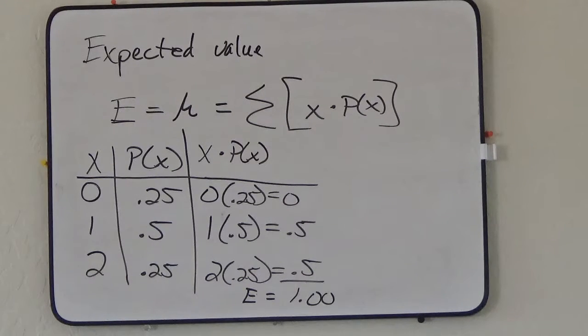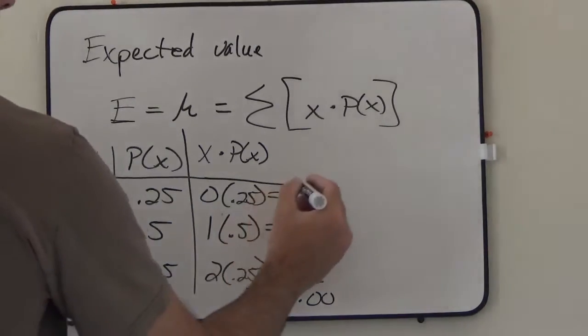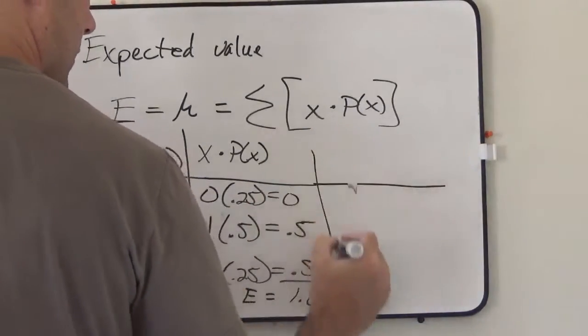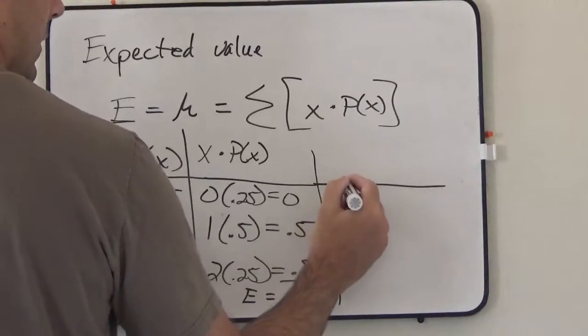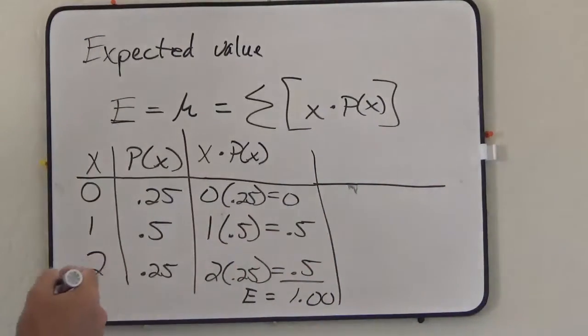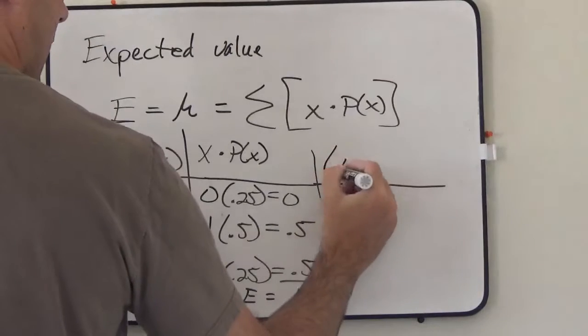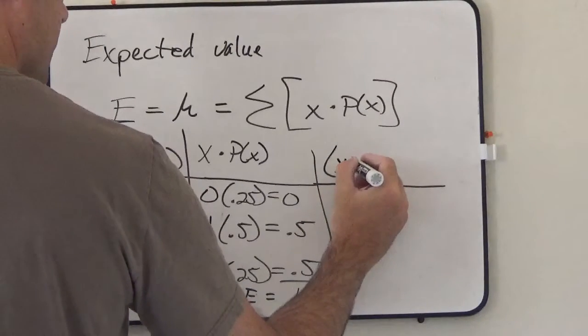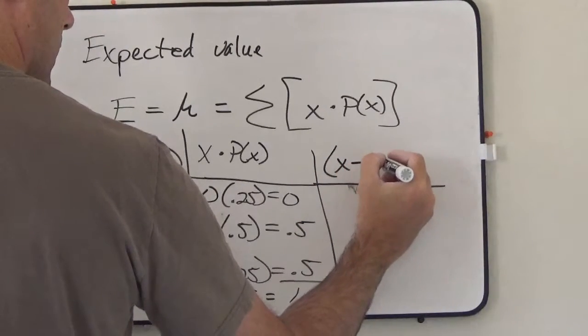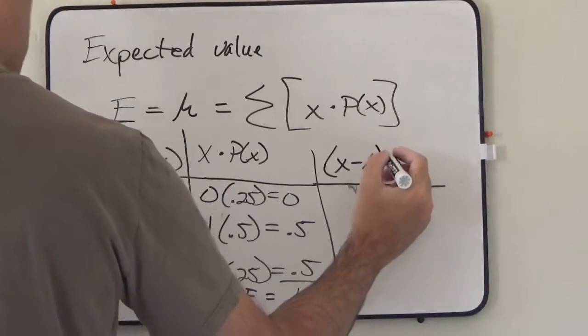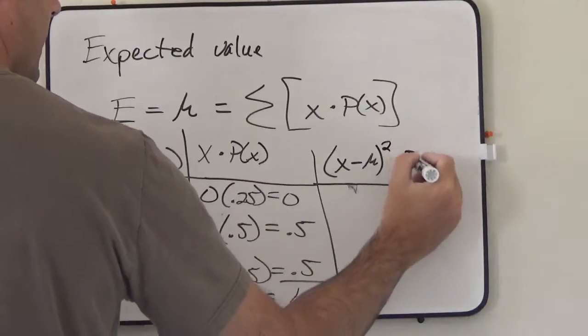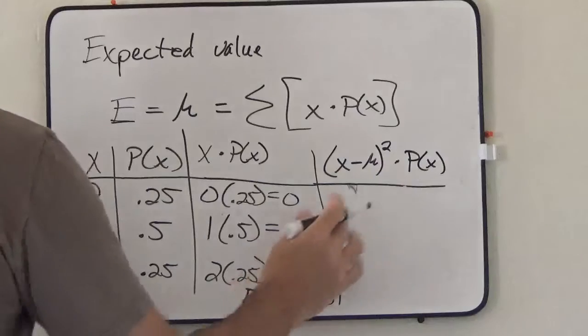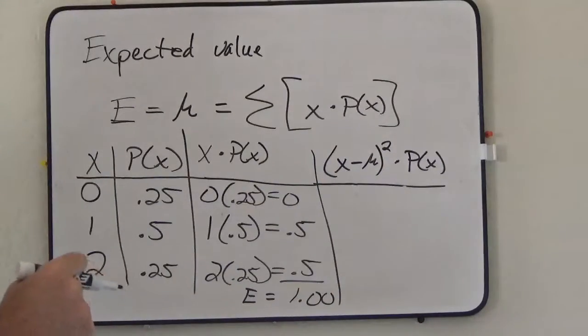Okay? Now let's find the variance and standard deviation. The way we're going to do that is we're going to start with the formula of x minus mu, squared, times probability of x. Okay, so that's the second rule we gave you for variance.